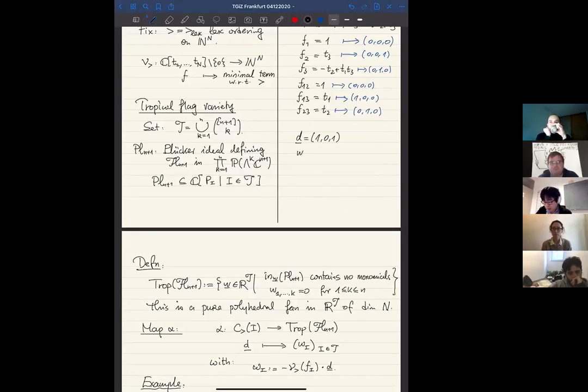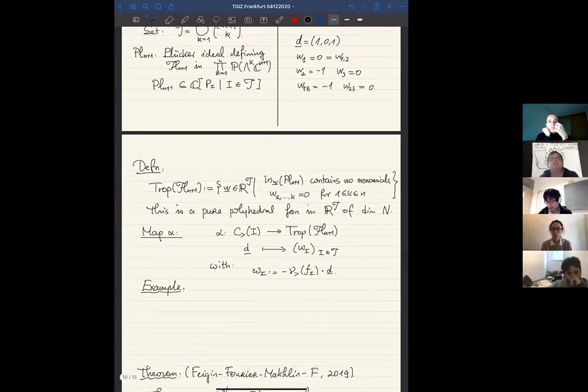And then I will get W1 is always 0, which is W12, and W2, it is T3. So T3 has parameterization 0, 0, 1. And I take the inner product of this vector with this vector, I take the minus, so it gets degree -1. And similarly, W3 gets degree 0, and W13 gets degree -1, and W23 gets degree 0.